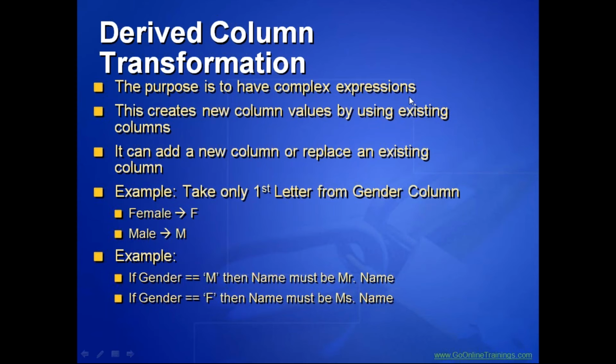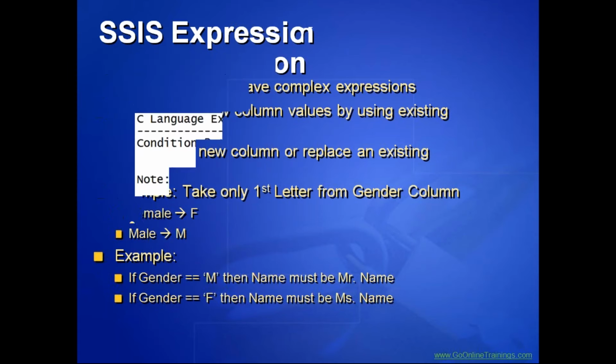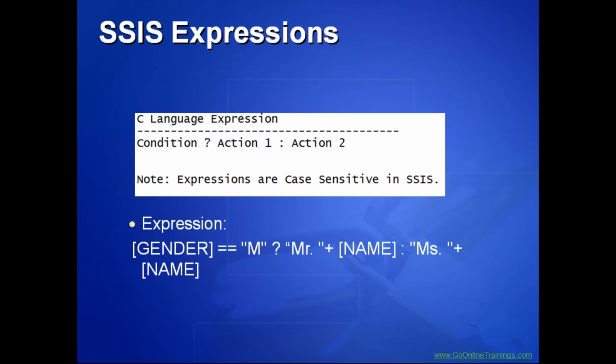There are lots of operators available, and you should be able to perform very simple expressions. For example, you have a price column and a quantity column, and I wanted to get a total column. You can have price into quantity, a simple expression. So from simple expressions to very complex expressions, you should be able to perform with the help of derived column transformations only. Okay. Now this is the expression we can write.